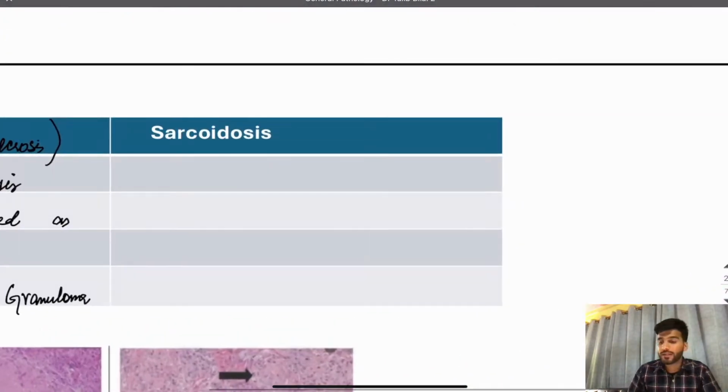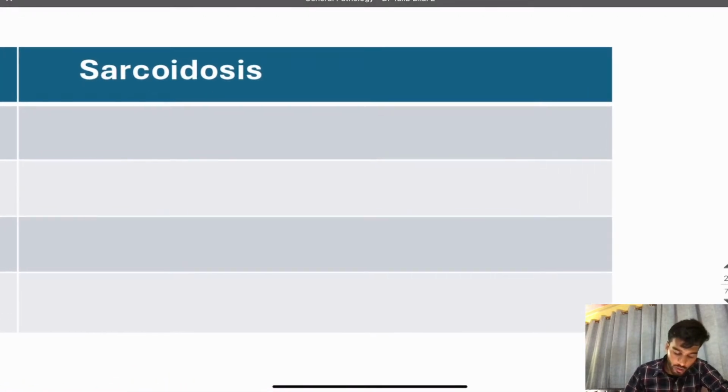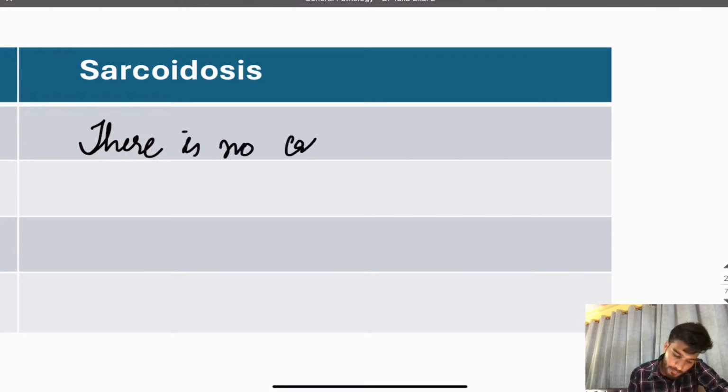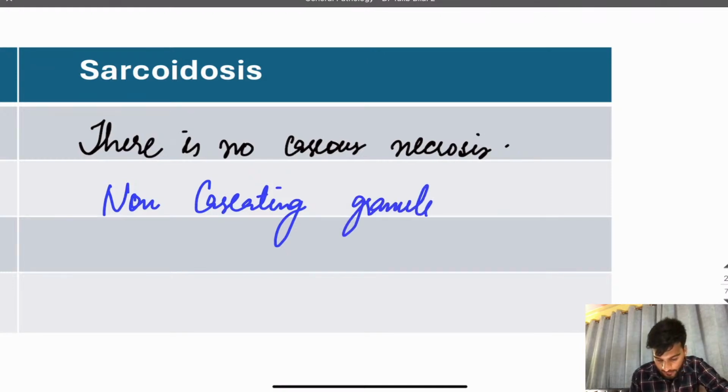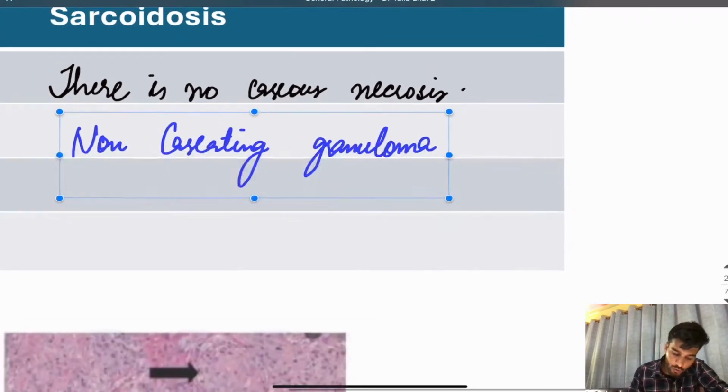If I talk about sarcoidosis, bilateral hilar lymphadenopathy, Kveim test, all together. So write it down, guys. There is no caseous necrosis. There is non-caseating granuloma. Guys, there are less mononuclear cells.